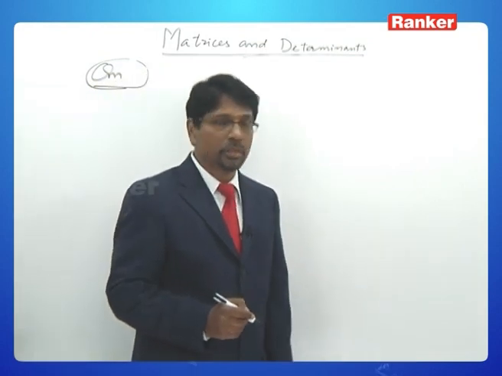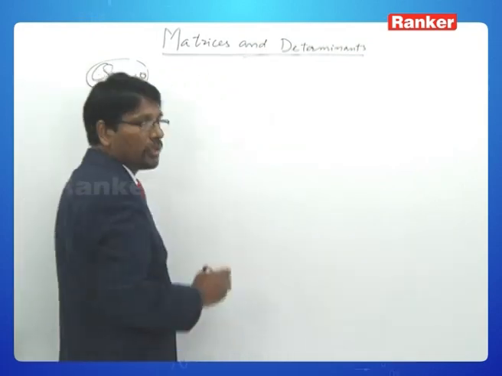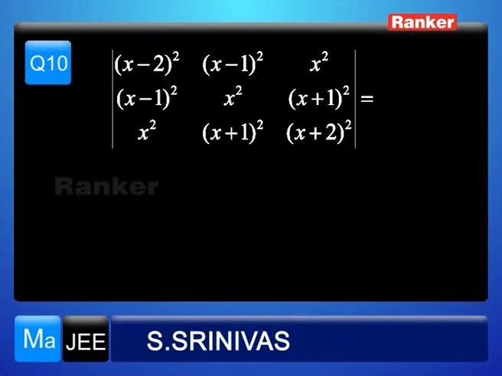Question number 10. The determinant (x minus 2) whole square, (x minus 1) whole square, x square; (x minus 1) whole square, x square, (x plus 1) whole square; x square, (x plus 1) whole square, (x plus 2) whole square is equal to what? The four options: first option is 8, second option is 16, third option is minus 8, fourth option minus 16.